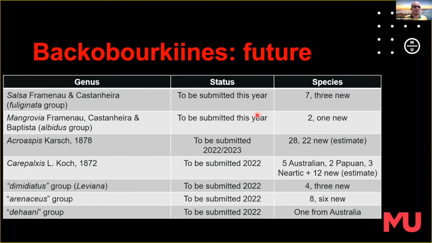For the future, we intend to describe at least 7 genera, including 2 previously described and 5 new. These 2 have been studied during 2021 too, and we still need to submit them by the 31st of December.